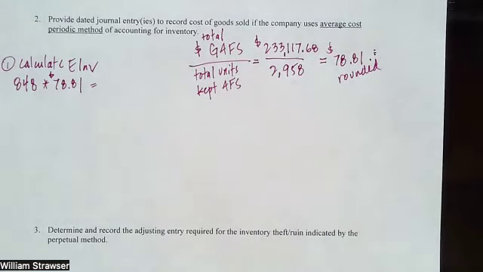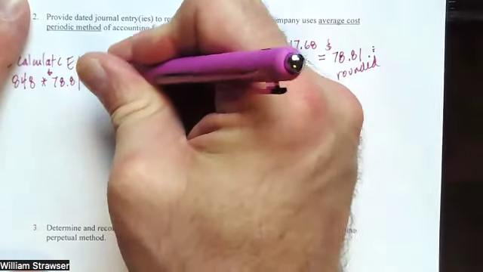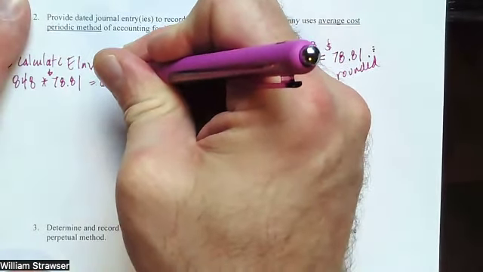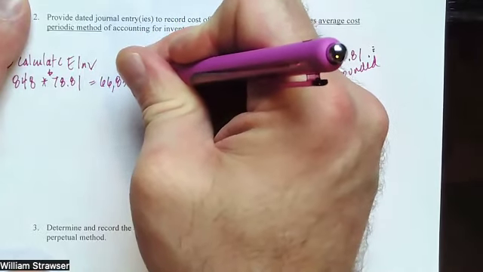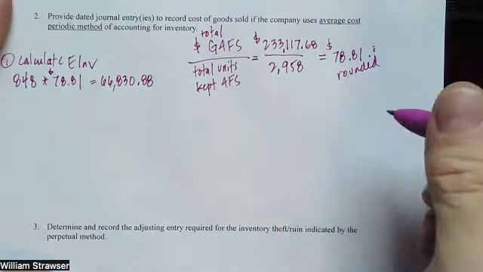So 78.81 times 848 is $66,830.88. That's my ending inventory.